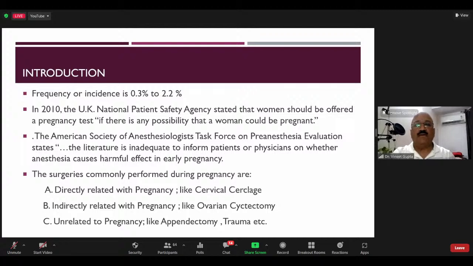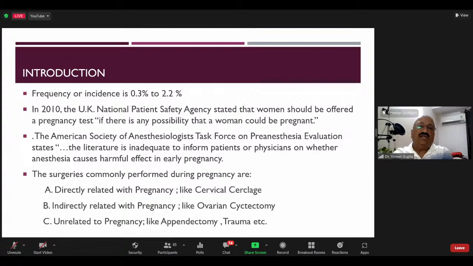So you must know a few things to counsel the patient, because stress management, of you as a clinician as well as of the patient, is very important for this kind of surgery in pregnancy. The frequency is usually 0.3 to 2.2%. It varies from place to place, somewhere it is written 2.2% to 3%, but roughly it is 2%.